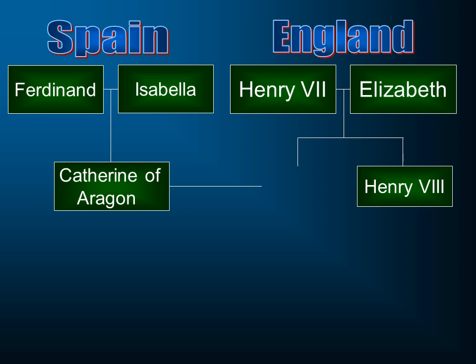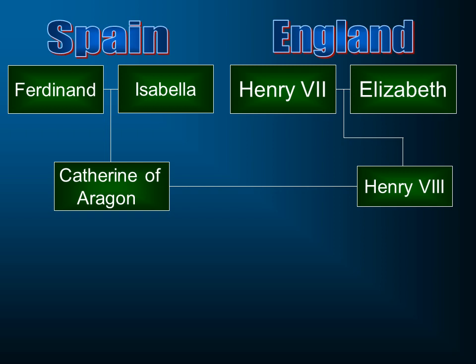Now, that wasn't commonly practiced in Europe because there was another law that said it was improper for you to take your brother's wife. So they had two competing issues.